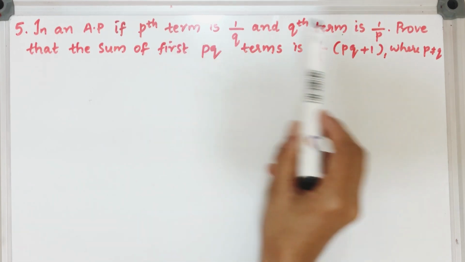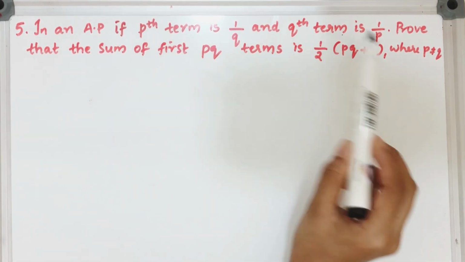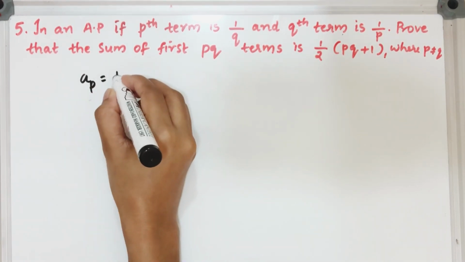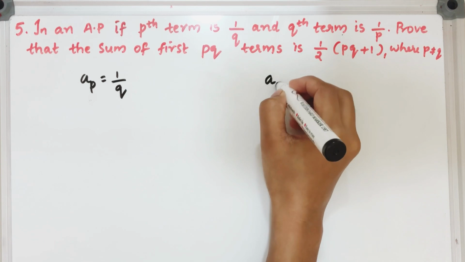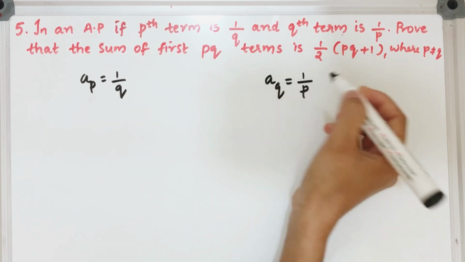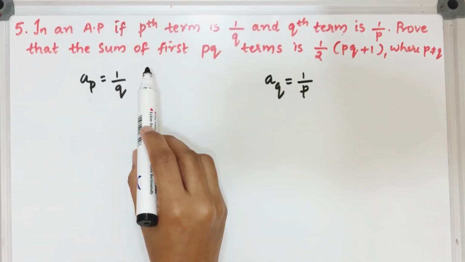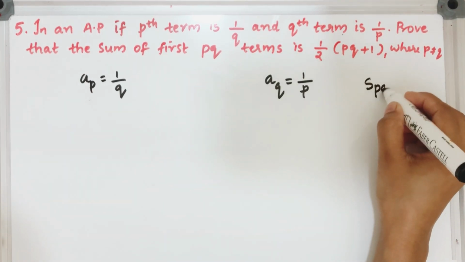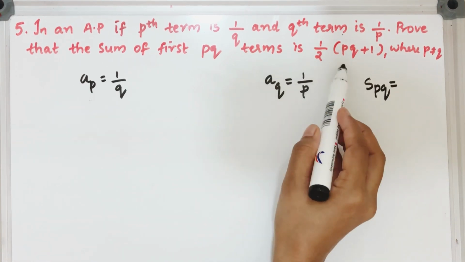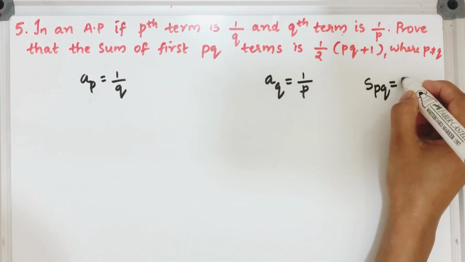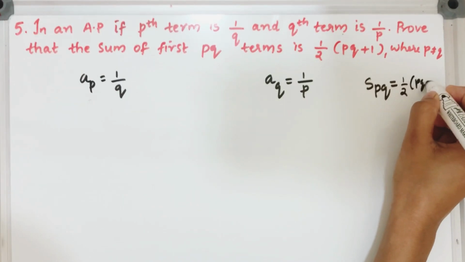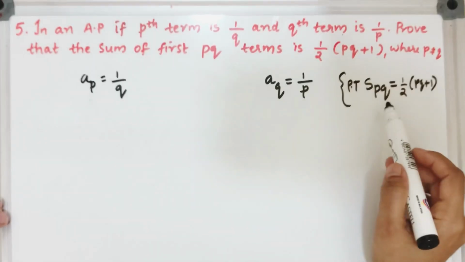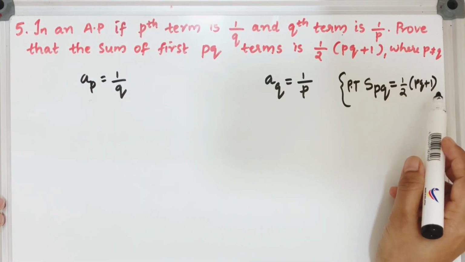Given the pth term and qth term, that is AP is equal to 1 by Q and AQ is equal to 1 by P. We have to prove that the sum of the first PQ terms, that is SPQ, is equal to 1 by 2 into PQ plus 1.